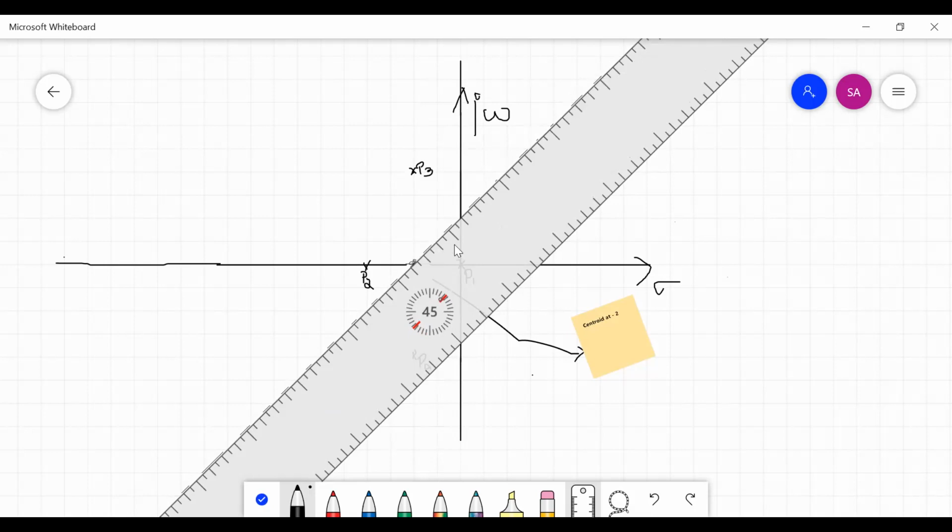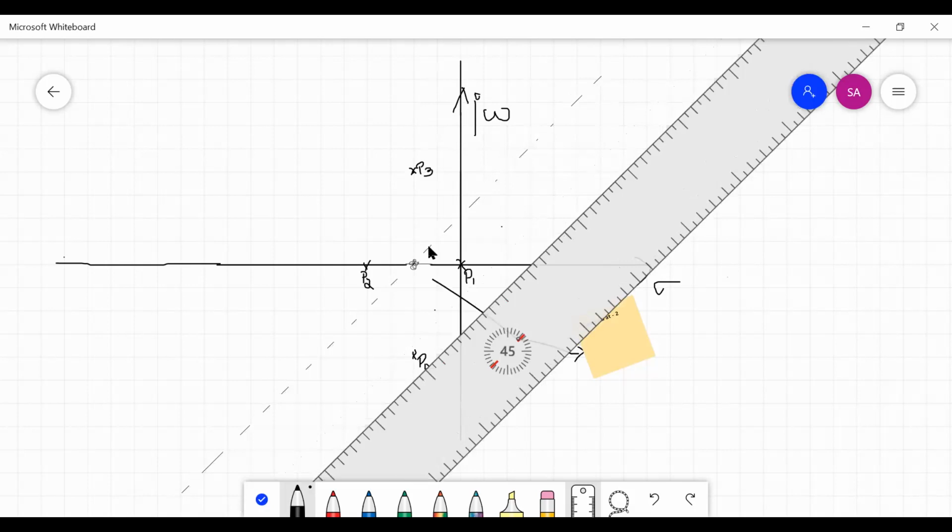This angle will be 45. This angle is 45. What about this angle from here to here? It is going to be 225, isn't it? This is going to be 225 degrees, whereas this is going to be 45 degrees.